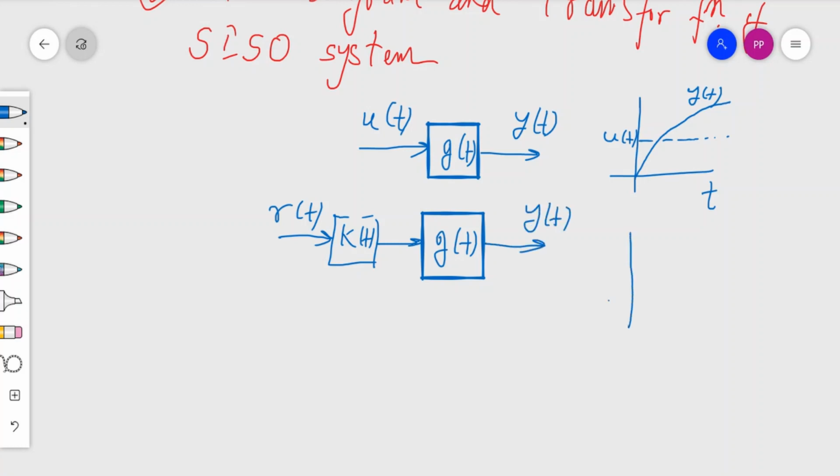We can improve the response to some extent.